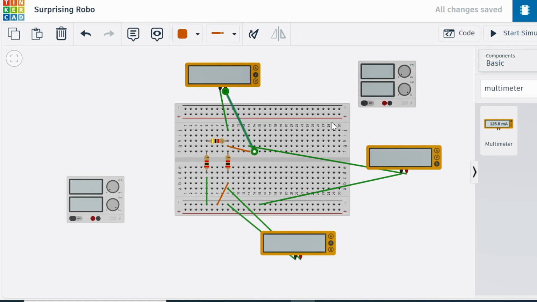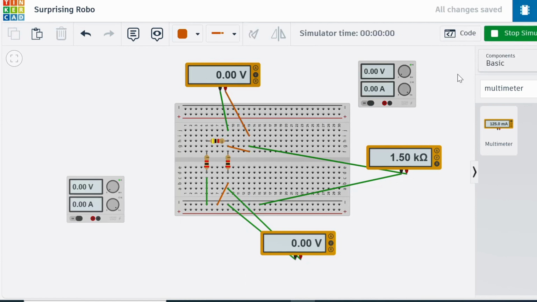This point should be on the same line as the other two nodes. Let's remove the wire and connect it back like this. And let's see. Yeah, so now we verified that we have short-circuited both voltage sources, and the measured resistance was 1.5K.